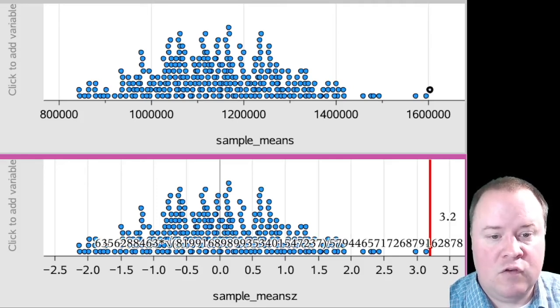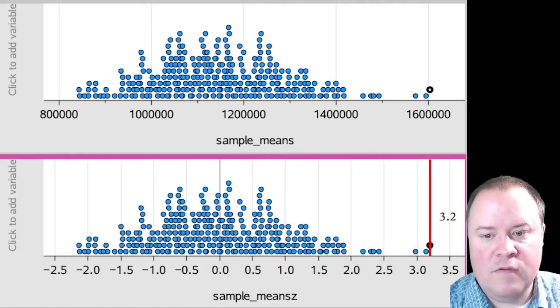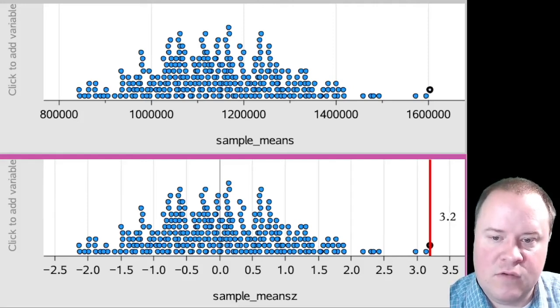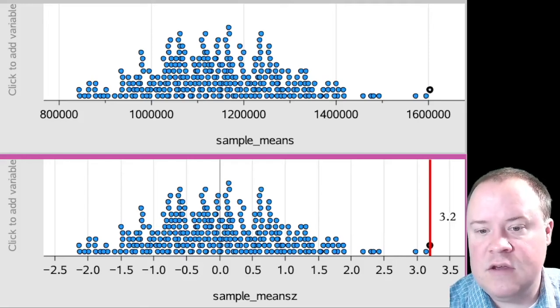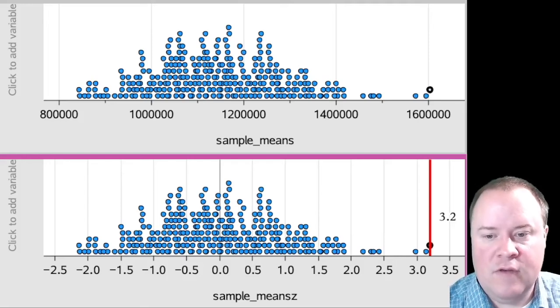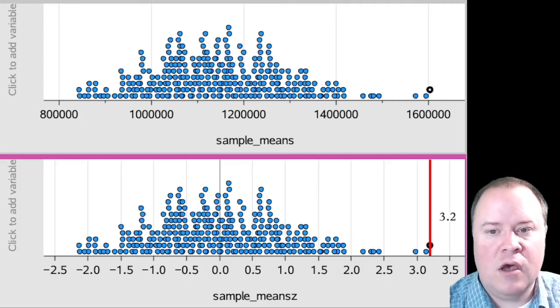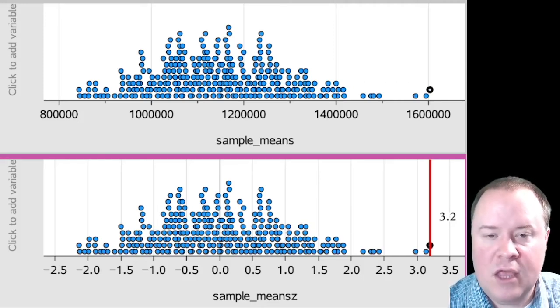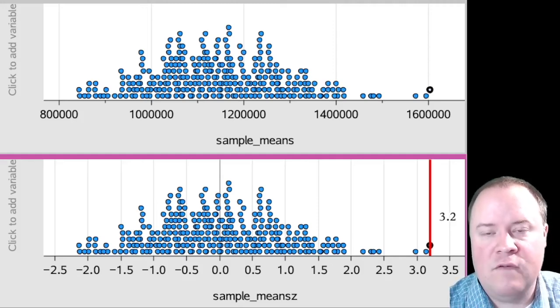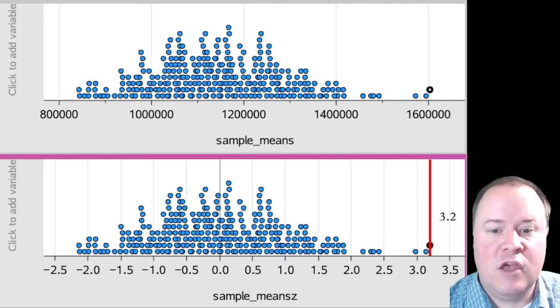We've only got 2 values greater than 3. If our cutoff was 3, then once it's past 3, we know it's significant. There are 284 values that were simulated here. So that's only 2 out of 284 times that I'm going to get something at least 3 standard deviations away.